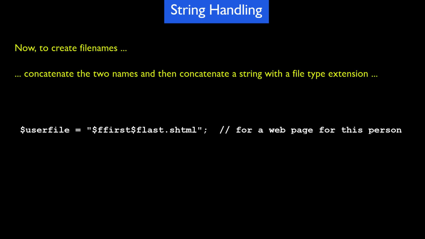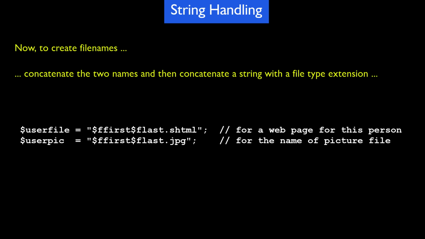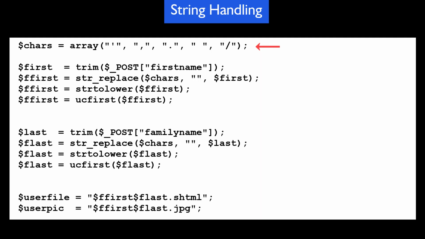This is for a web page for the person, and $userPic equals, quote, $fFirst, $fLast.jpg for the name of a picture file, assuming we have a JPEG type file. So using our earlier examples, we would see mycrofthomes.shtml and mycrofthomes.jpg, respectively.